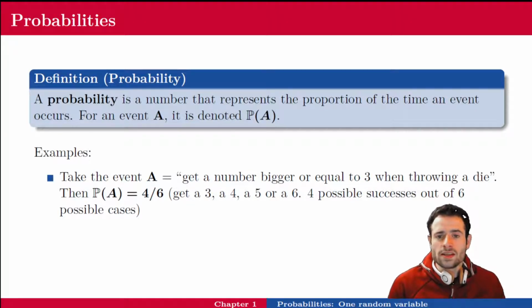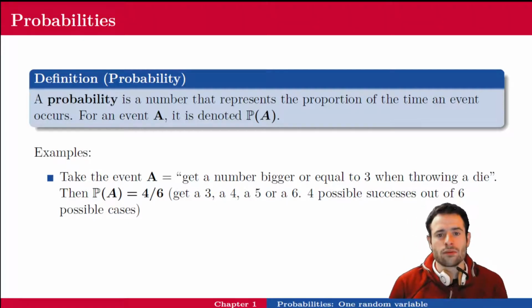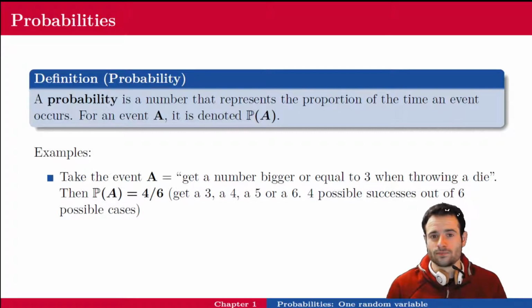What we do in this case is we count the number of times we will see a success. This is bigger than 3, this is equal to 3, this is bigger than 3, and we will divide this by all the possible outcomes or cases.